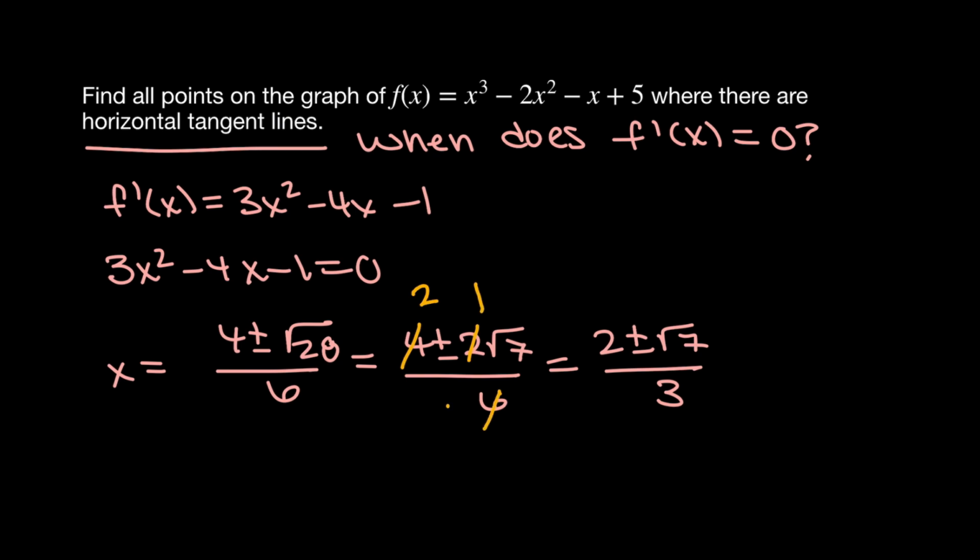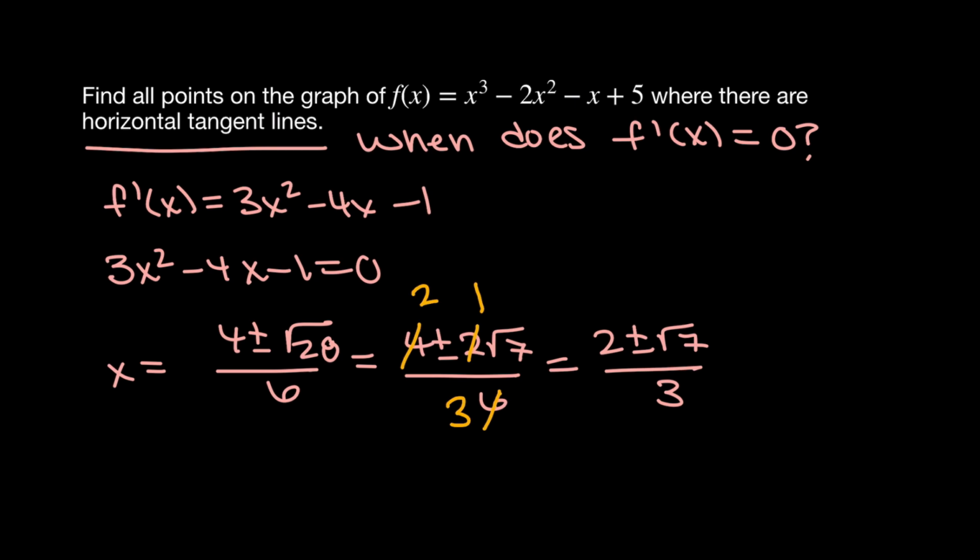If I cancel that 2 out of all of my terms, I'm left with 2 plus or minus root 7 over 3. So these are the x values where I have horizontal tangent lines. I would then probably use a calculator and take these x values, plug them into my original function to get y values, so I actually know where those points are.